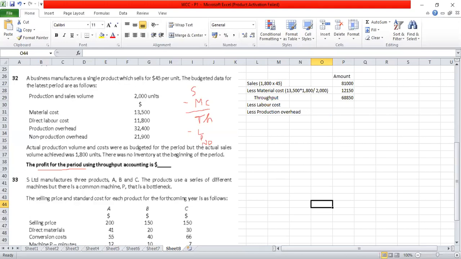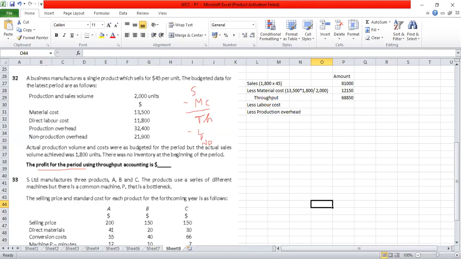Only absorption costing takes the variable plus the fixed manufacturing overhead and charges it to the ending inventory. That is what is done in the case of absorption costing. But variable costing and throughput costing do not consider charging a portion of these costs to inventory, even if they are fixed and incurred only for the production purpose.